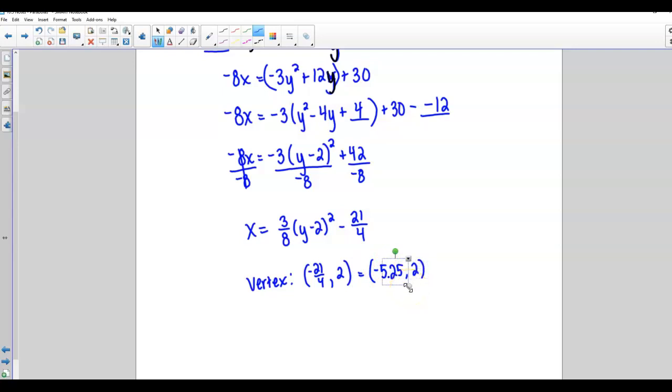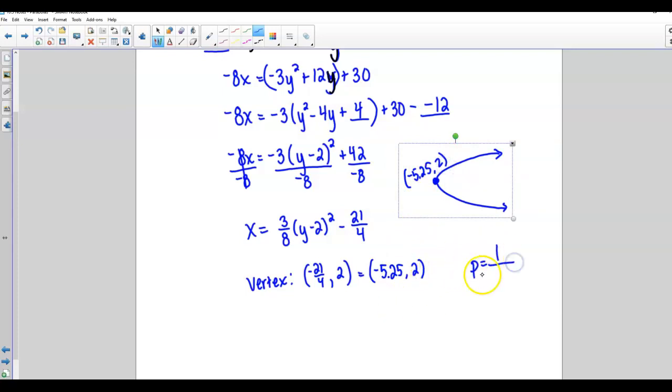For your focus and directrix, first of all, we need to know which way this opens. We have a positive A value here, so this is going to open to the right. We got that vertex right there at negative 5.25, 2. And we need to know that P value, which is 1 over 4A, which is going to be 1 over 4 times 3/8 for this problem.